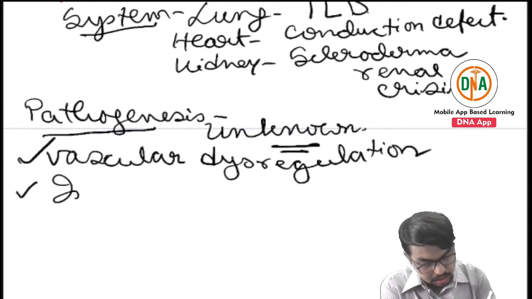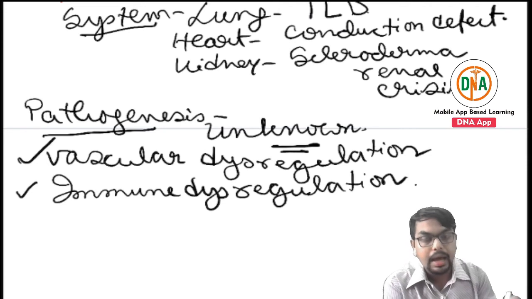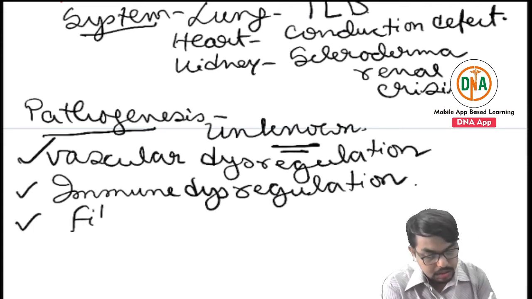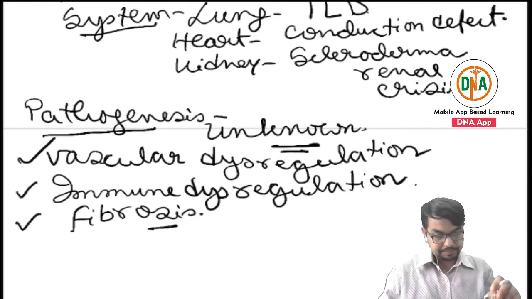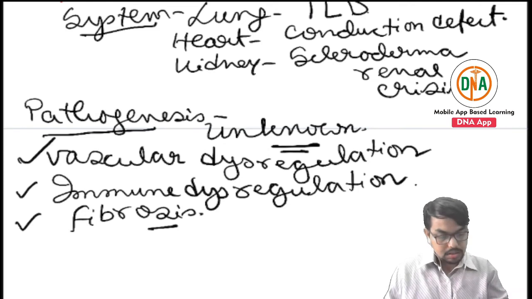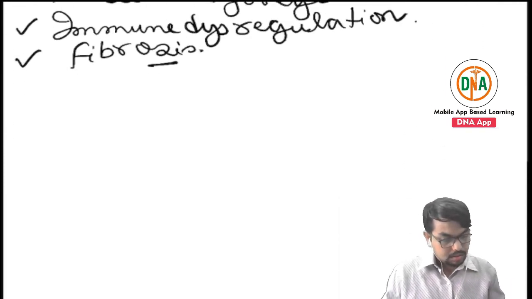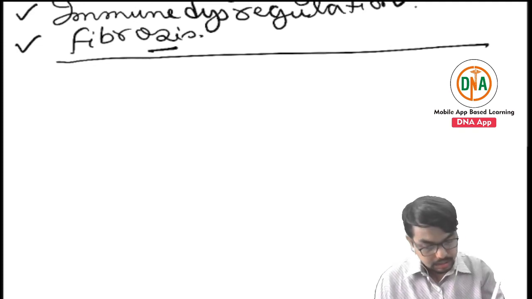Next, immune dysregulation, and the final outcome is fibrosis. Finally we get fibrosis. So this is about systemic sclerosis. Next we will discuss dermatomyositis.